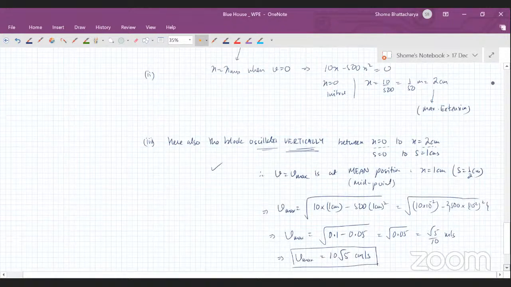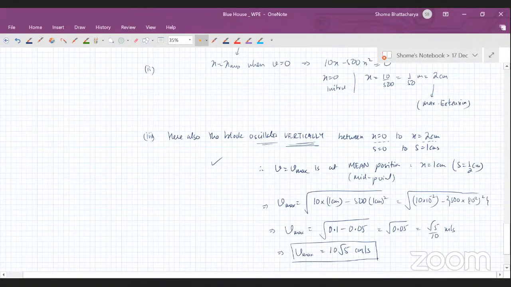Okay, now we can also understand this by maxima minima concept. So alternately, we can understand that V was square root of 10x minus 500x square. So it's like V is square root of some kind of function of x, where that function of x is 10x minus 500x square.